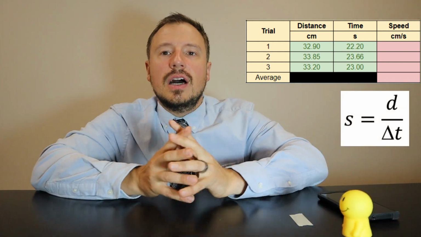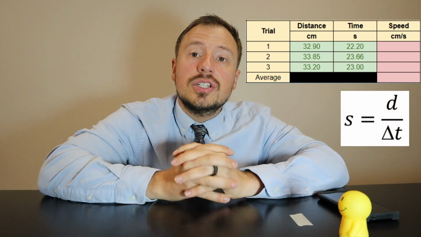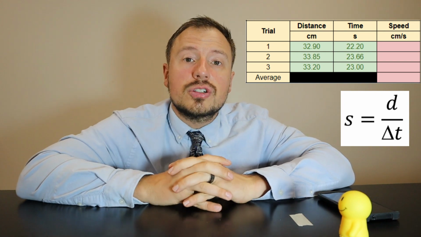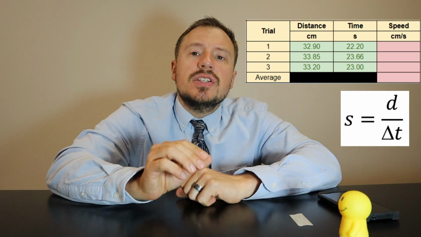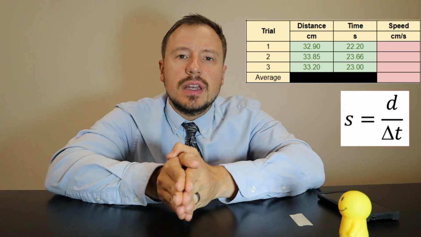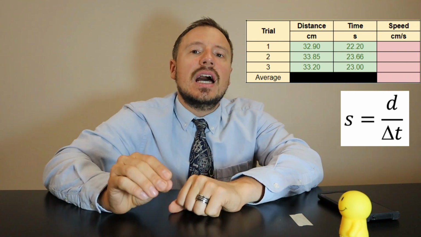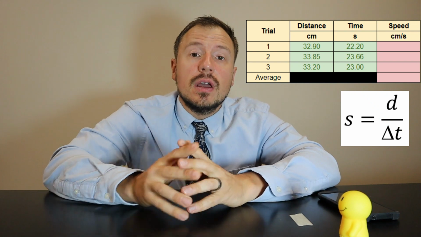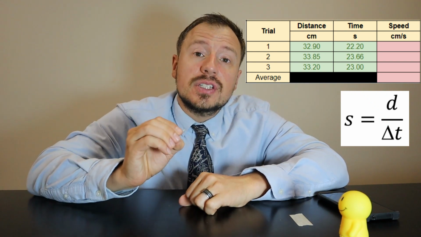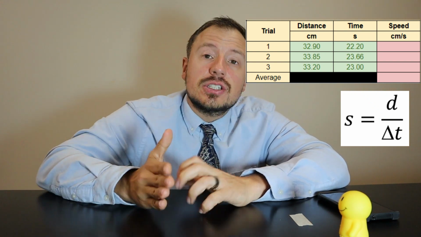To calculate the speed, I just take the distance divided by the time, and this is the equation that we can use for all of our trials. Now in some of these trials, when you take the distance divided by the time, you're going to get a lot of decimal points. Here's how you decide where to round. It has to do with the number of significant figures in each of the measurements.